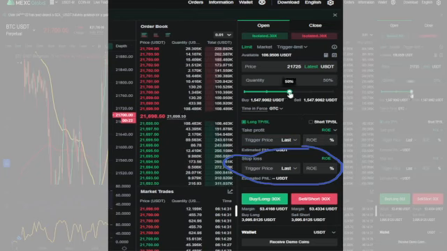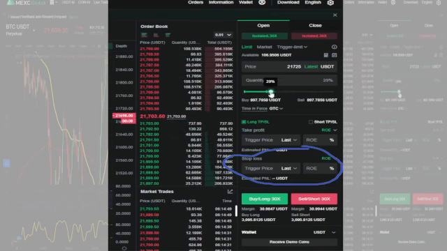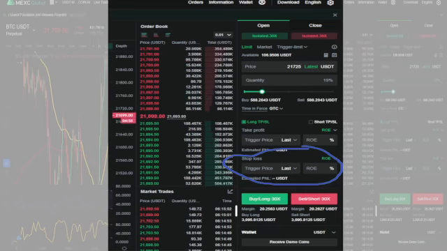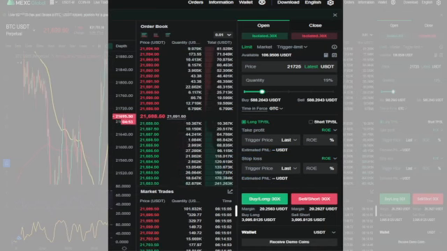So let me try to set this to where you can see that. Just so you know, where I'm looking right now in order to set the price is right down here at the bottom.